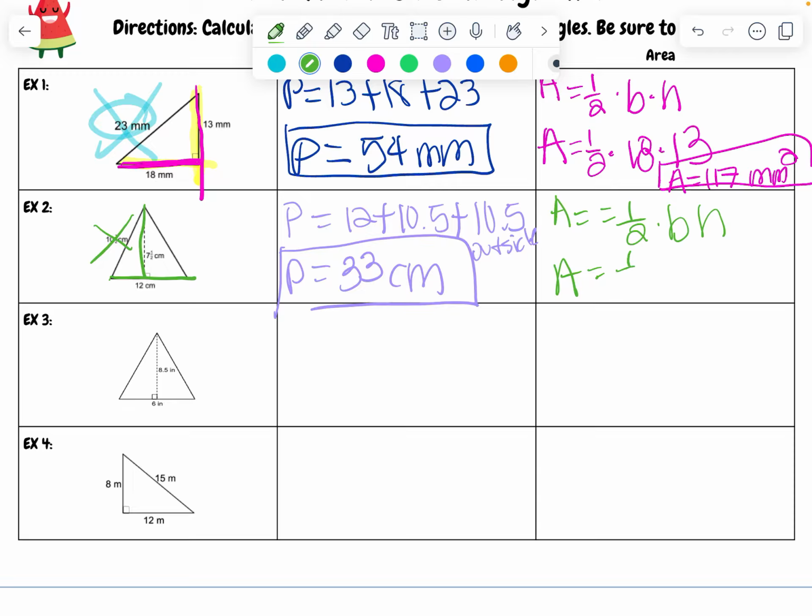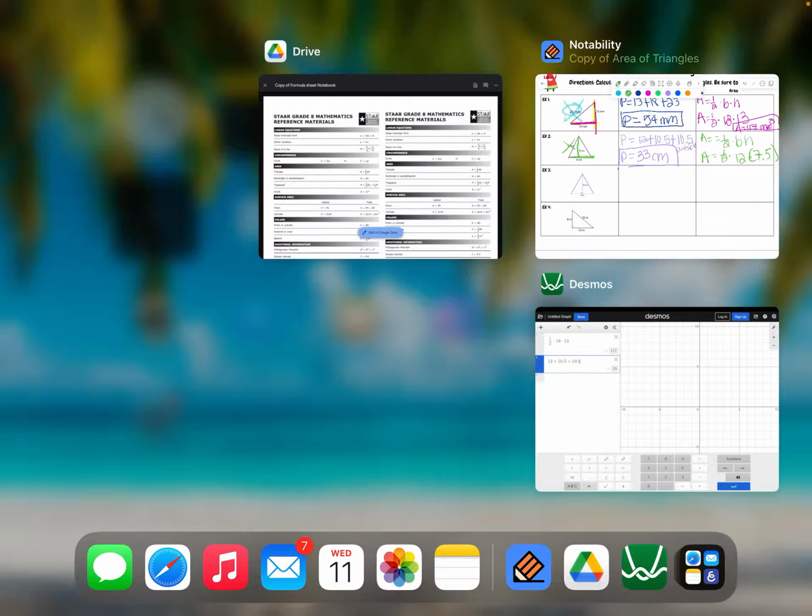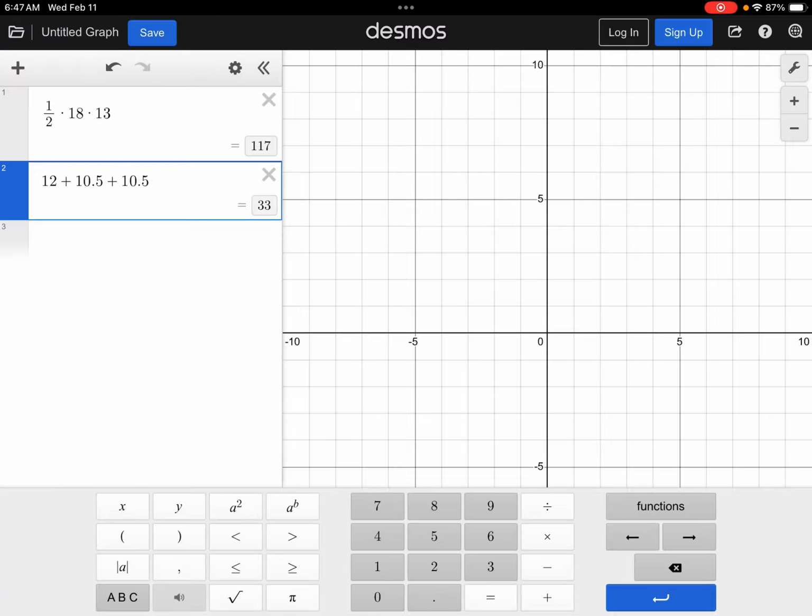So I'm going to bring down my 1/2. The base is going to be 12, and then the height is 7.5. So times 7.5, or you can use parentheses to show multiplication. All right, so I'm going to put that in my Desmos.